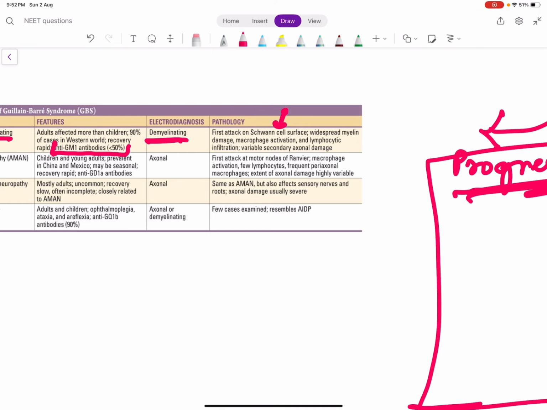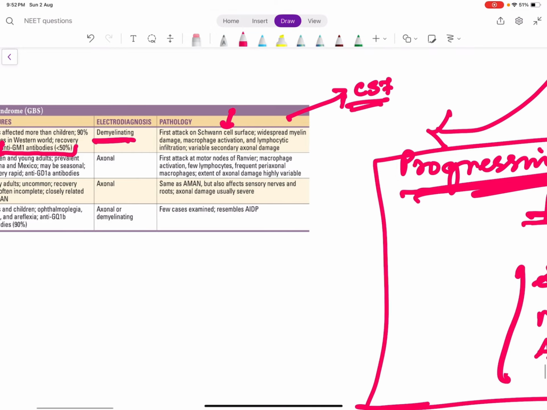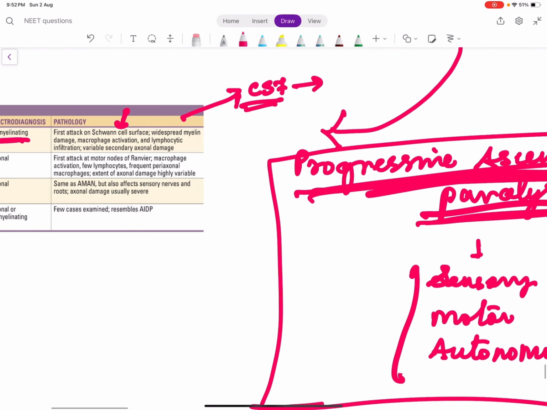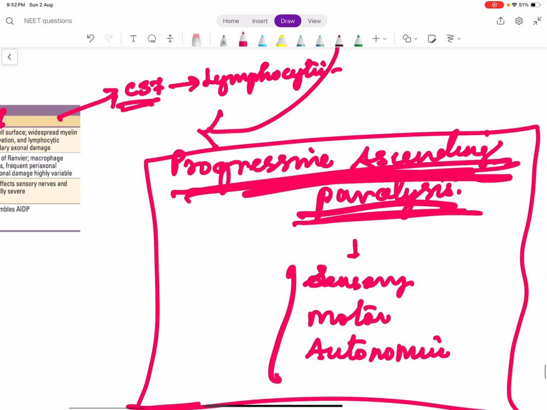There is myelin damage and some problem occurs. So how will you diagnose it? Here we have to do CSF analysis, like in MS and NMO. What finding we get here is lymphocyte protein dissociation.